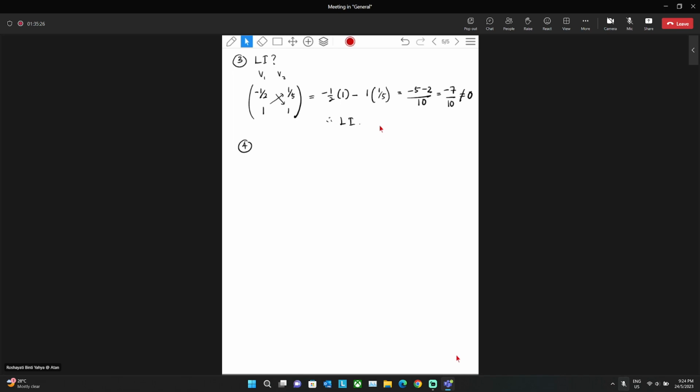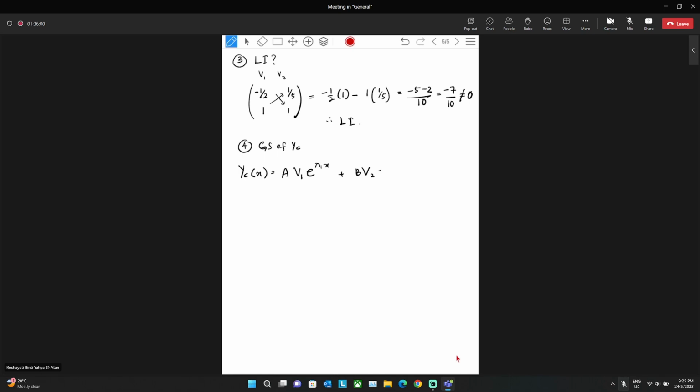So general solution of YC. So YC X equal to A negative 1. Kalau ikutkan in general A V1 exponential lambda 1x plus B V2 exponential lambda 2x, right?